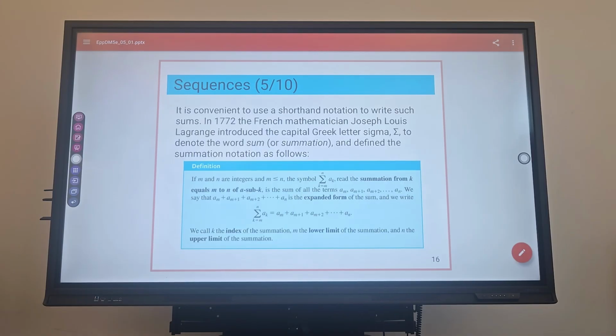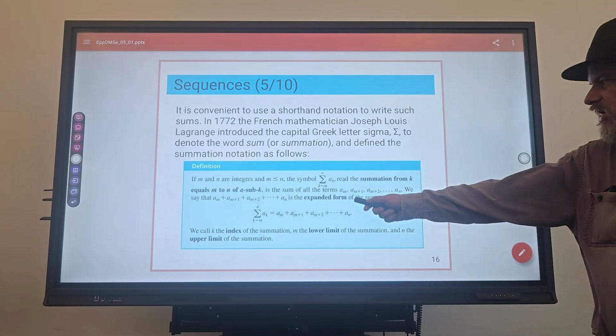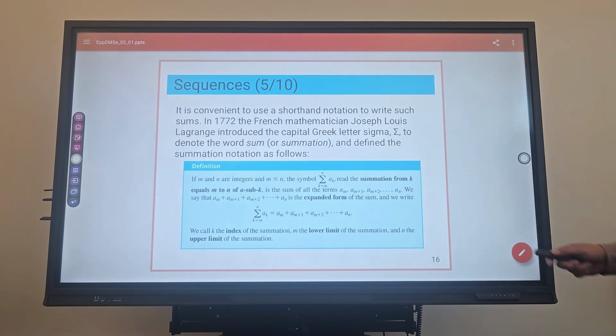If m and n are integers, and m is less than or equal to n, this symbol here, the summation from k equals m to n of a sub k, is the sum of all the terms a sub m plus a sub m plus 1, plus a sub m plus 2, all the way up to a sub n.